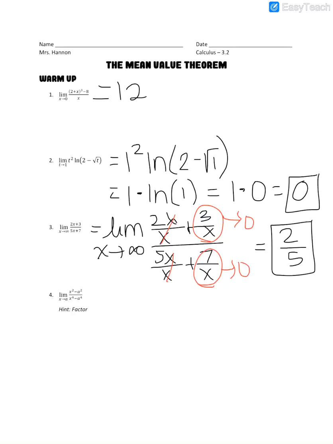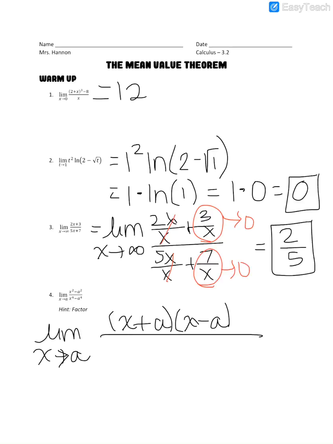All right, number 4, I gave you a hint to factor. These are both difference of perfect squares. So in the top, we have x plus a, x minus a, and then in the denominator we have x squared plus a squared and x squared minus a squared.